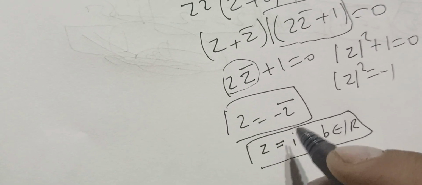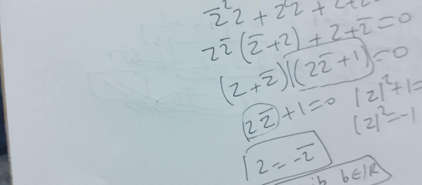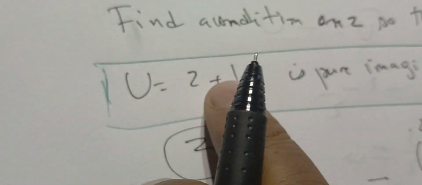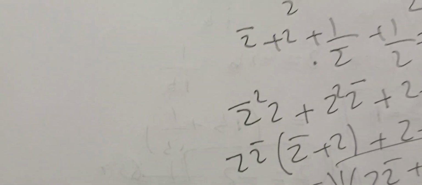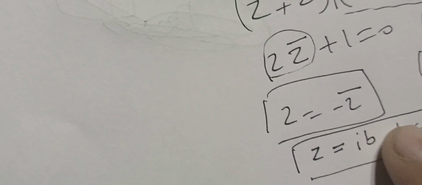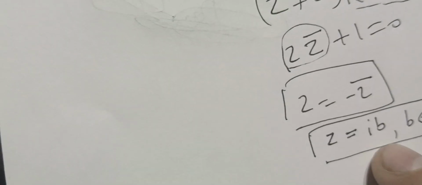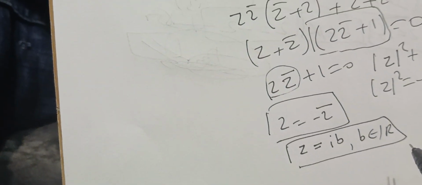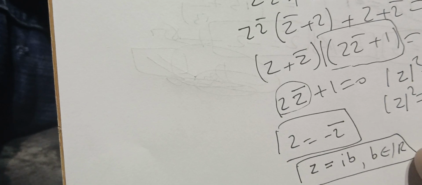So we found the condition that would make this number pure imaginary. That means z can be written in this form. Let's check it. Let's check that u, which is equal to z plus 1 over z, satisfies u bar equals minus u, because that's the definition.